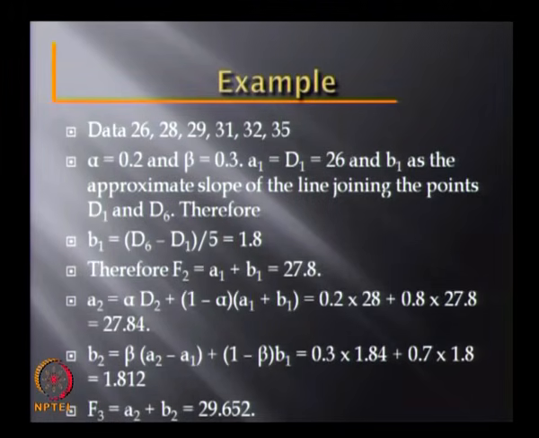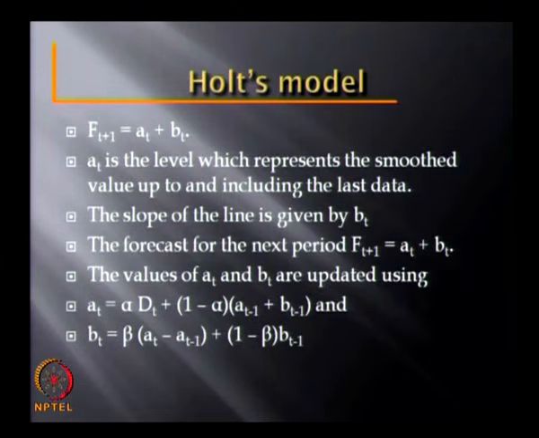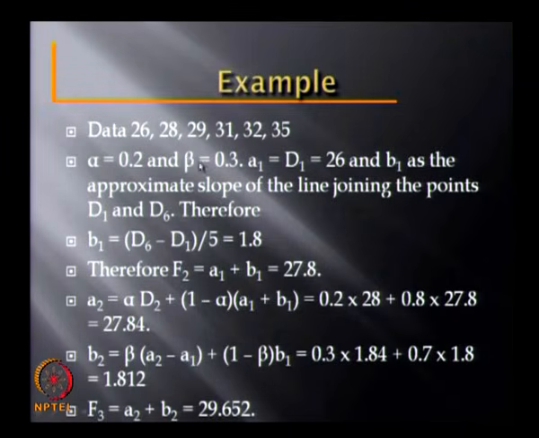Note that alpha is the exponential smoothing constant when we compute A(t), and beta is the exponential smoothing constant when we compute the slope. So, alpha is 0.2, beta is 0.3 is what we have assumed in our calculations.